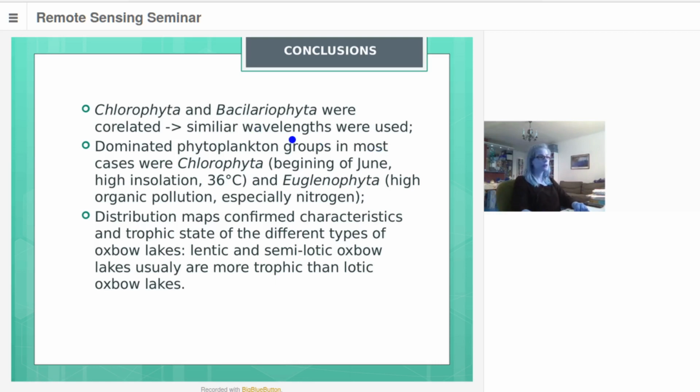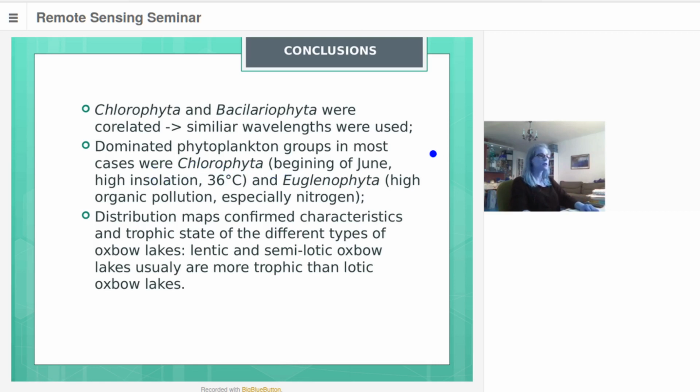And chlorophyta and bacillariophyta were correlated. Similar wavelengths were used, and in the formulas to make them distinguishable, I used 4 different wavelengths for chlorophyta and 6 different wavelengths for bacillariophyta. The dominant phytoplankton group in most points where the water was taken was chlorophyta.